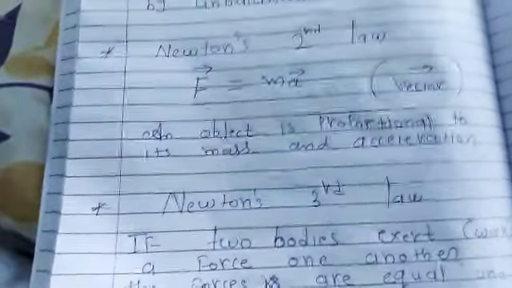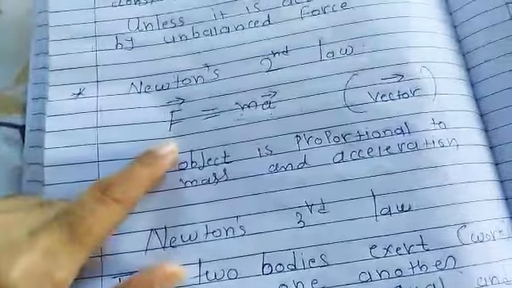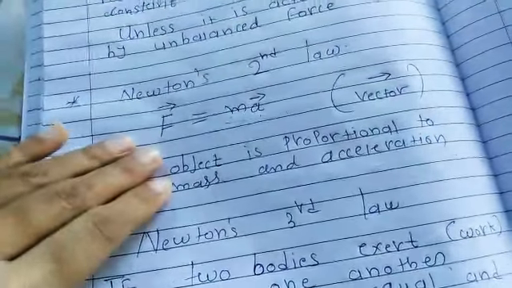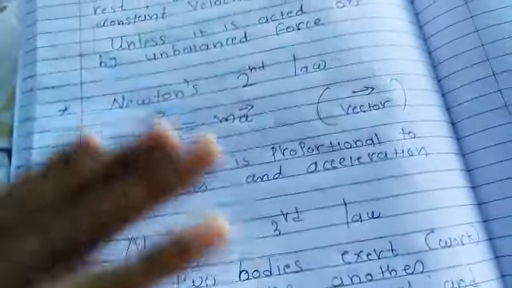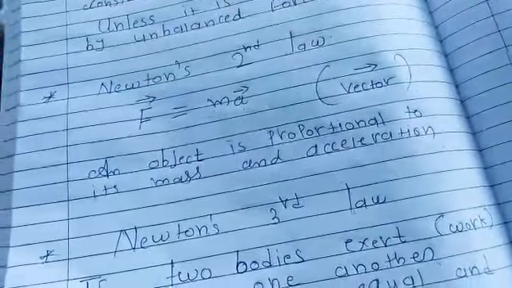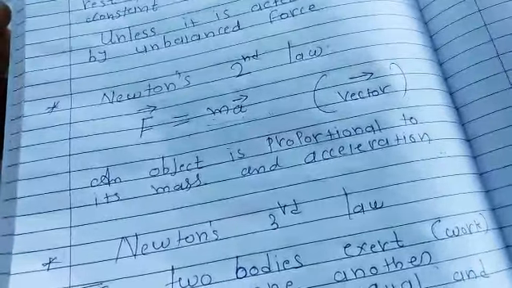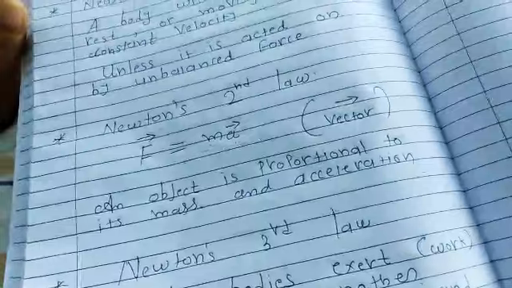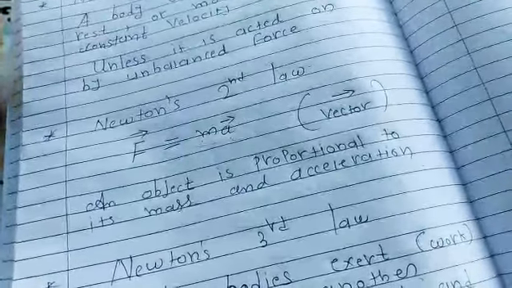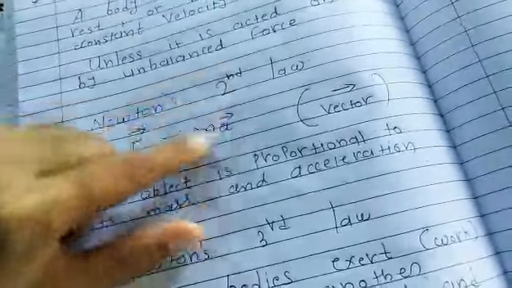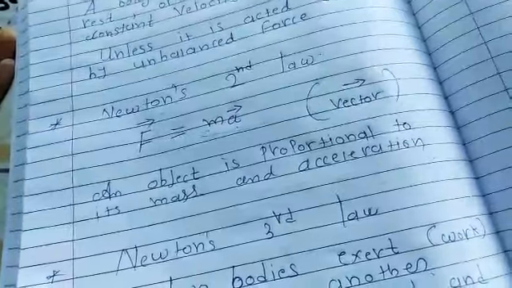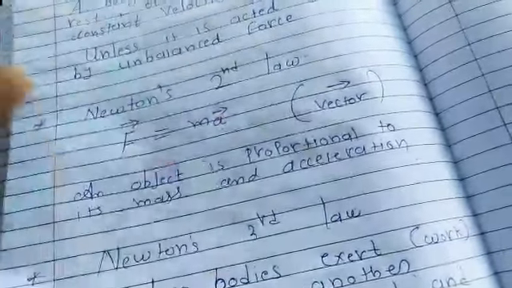Okay, the force is equal to what? Whenever we apply the force, it is equal to the object's mass times acceleration. If the mass is more, we require more force, and when the force is more, then acceleration is also going to be more, right? So this is the second law.